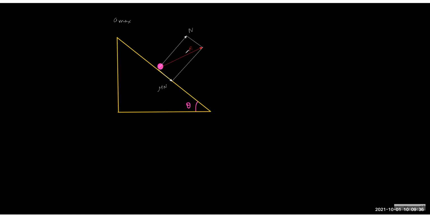This is R, and this angle is alpha, where tan alpha is as usual mu. So now we got the tan alpha part. And now we know that the other angles are pretty much known to us.